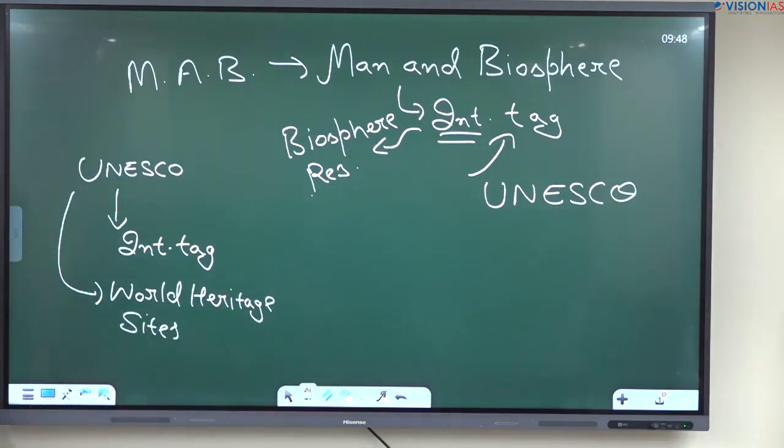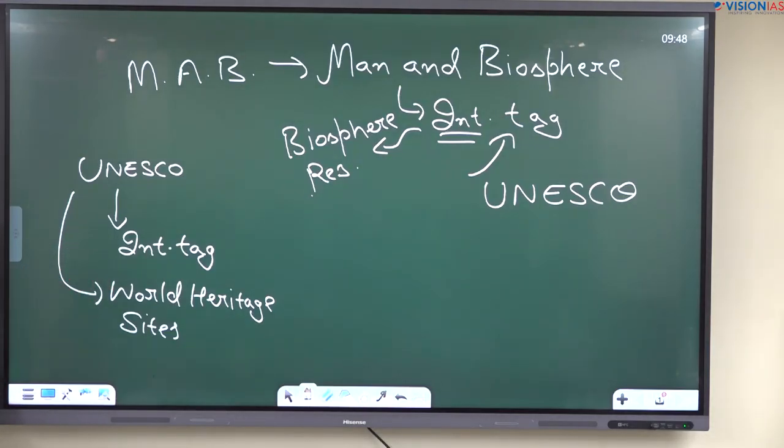UNESCO identifies World Heritage Sites all over the earth. Suppose a place gets this tag. Let's say a place in India, the Sun Temple, is a World Heritage Site. So the Sun Temple has got an international tag from UNESCO.